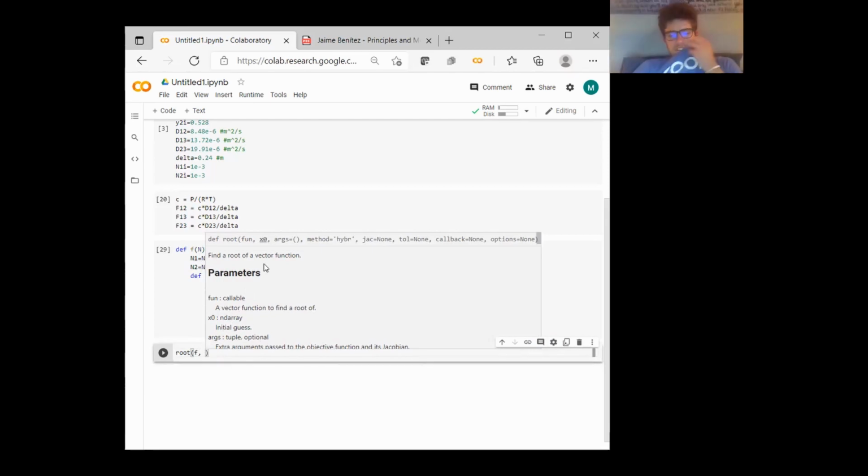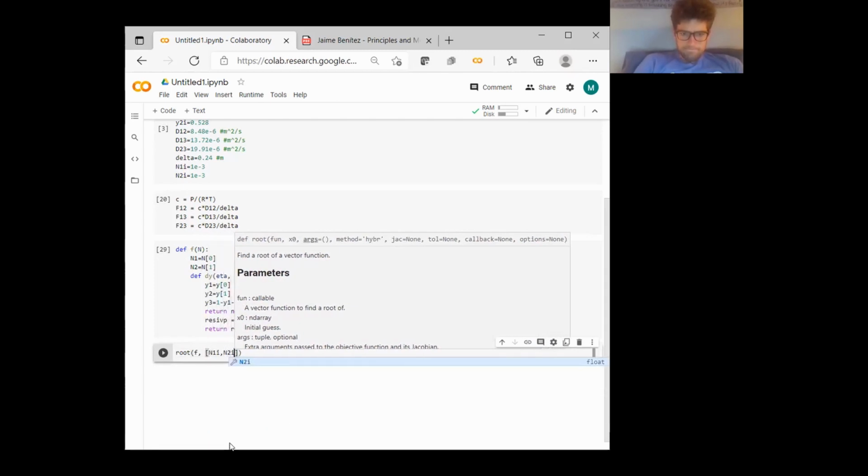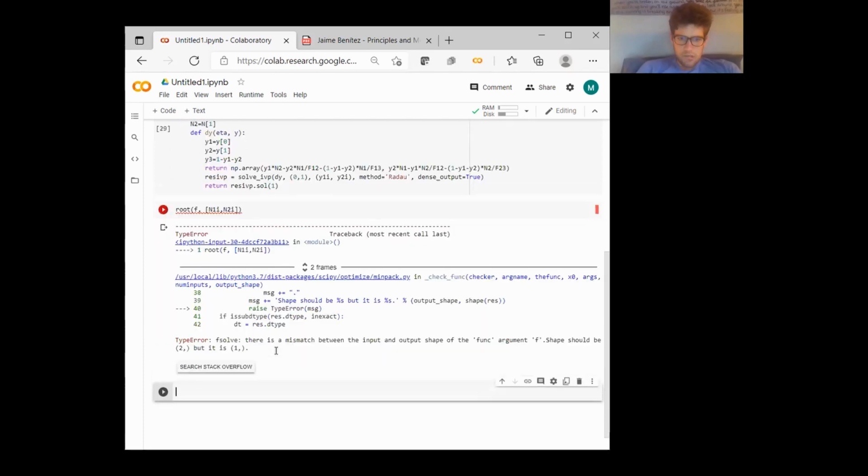And our initial guesses for the molar fluxes, we already have: N1i and N2i. We just found those in part 1. And we're going to try to use this good old root solver, see what it says.